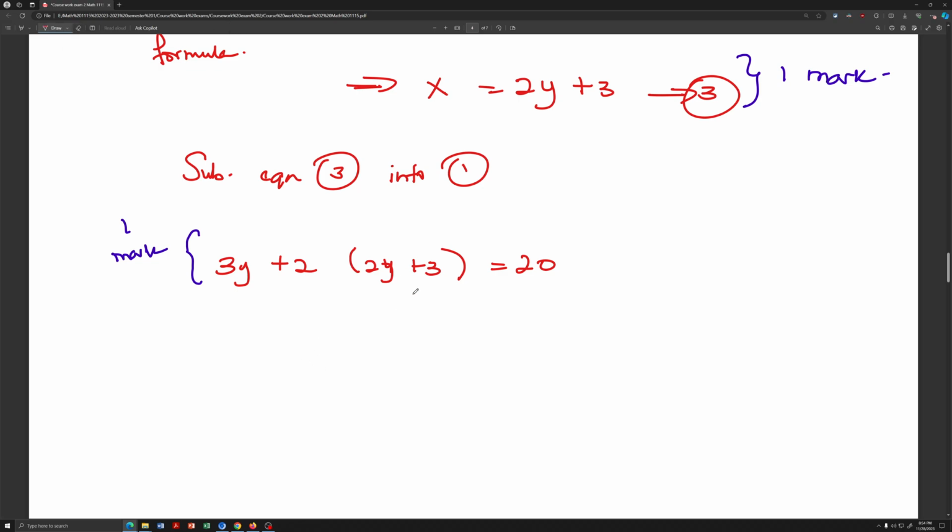Now let's expand these brackets here and get what my y is. 3y plus, so take everything and multiply it over here now. I'm going to get 4y, and 3 by 2 is 6, is equal to 20. Then we have 3y plus 4y, that's 7y plus 6 is equal to 20.